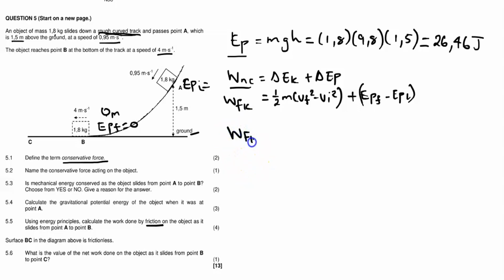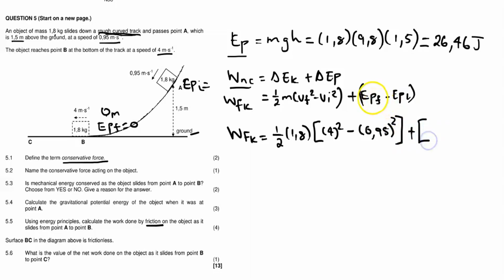So the work done by Fk equals half into 1.8 into the Vf, which is 4, squared, minus the Vi, which was 0.95, squared, plus EPF, which is 0, minus EPI, which is 26.46.